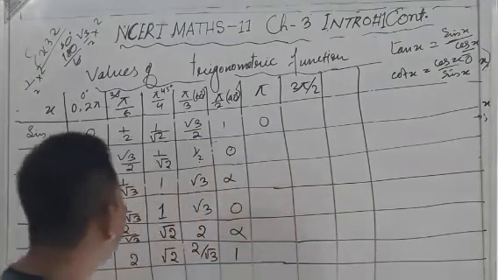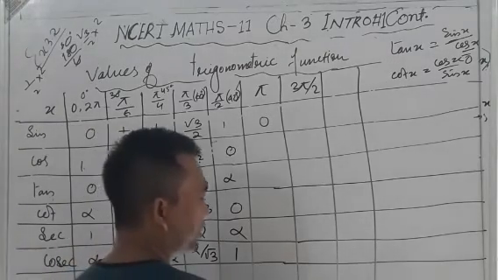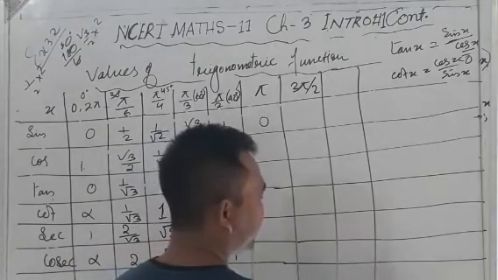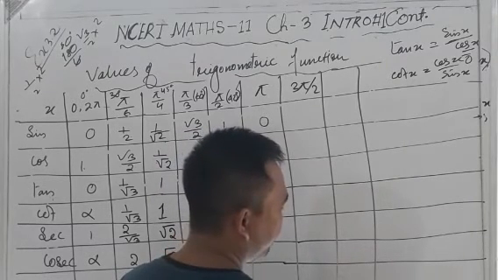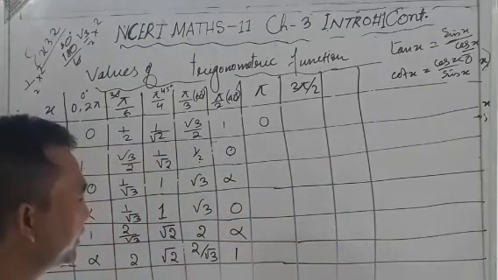That means what? This is the place of pi, and this is 0, and this is pi by 2, and this is 3 pi by 2. Okay? Correct?